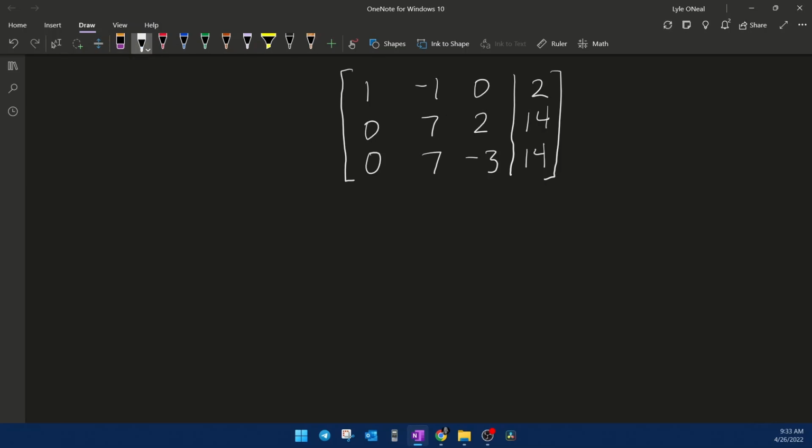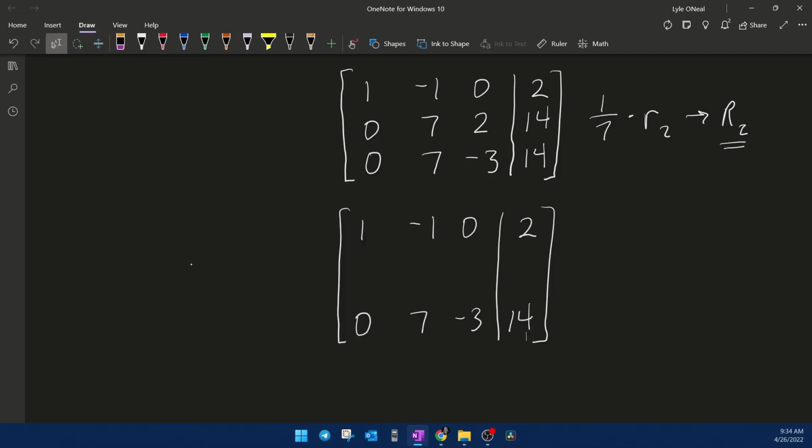The way we could do that is by multiplying by the reciprocal. The reciprocal of 7 is 1/7. We want to multiply row 2 through by 1/7 and produce a new row 2. So only row 2 is going to change this time. Rows 1 and 3 we can copy and paste.